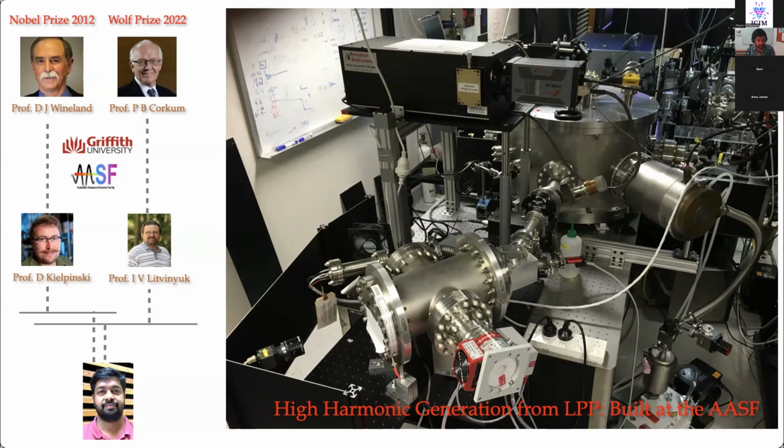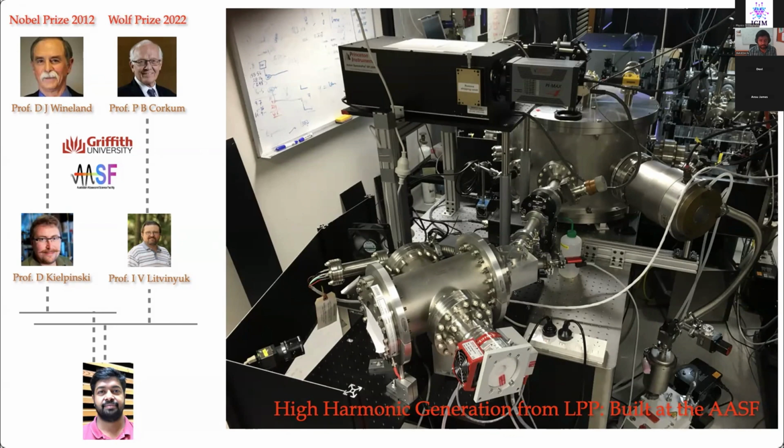He was a PhD student there at that time. And I'm fortunate to work with a student of Paul B. Corkum, who theoretically defined how high harmonic is generated, Professor Rika B. Letinwick.